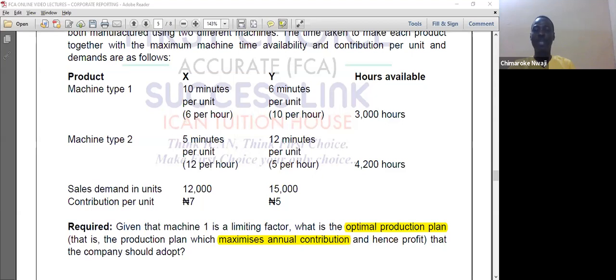Now when you hear the word limiting factor, don't just conclude that it is limiting factor alone. This is because sometimes throughput contribution, throughput accounting, they will still want to give you the same set of information.